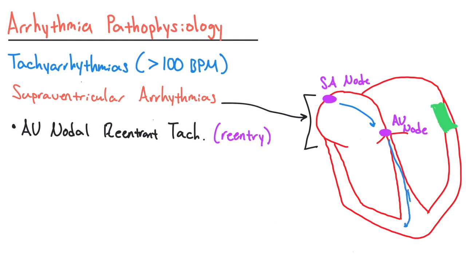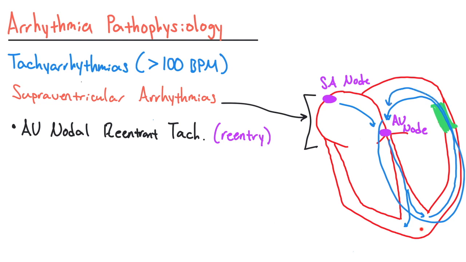It would normally bifurcate here, but the signal is then able to come up from the ventricles through this abnormal circuitry and stimulate the AV node again. This creates a type of reentry loop that keeps circling and circling.